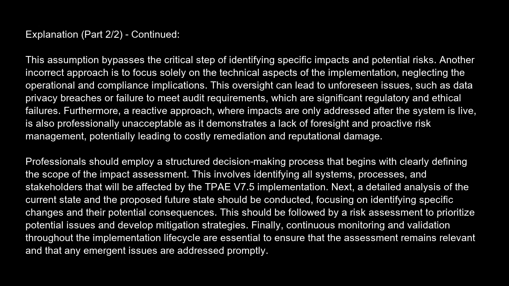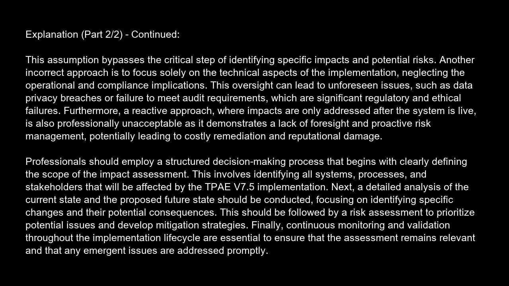This oversight can lead to unforeseen issues, such as data privacy breaches or failure to meet audit requirements, which are significant regulatory and ethical failures. Furthermore, a reactive approach, where impacts are only addressed after the system is live, is also professionally unacceptable, as it demonstrates a lack of foresight and proactive risk management, potentially leading to costly remediation and reputational damage.